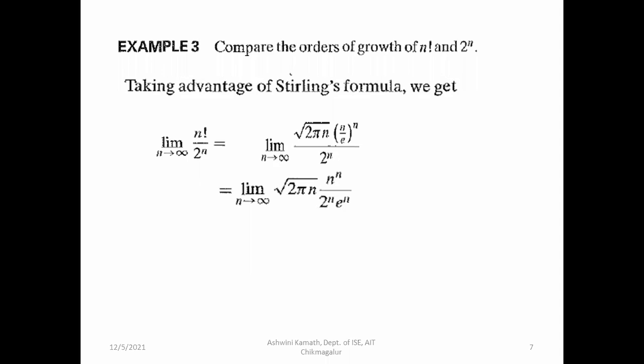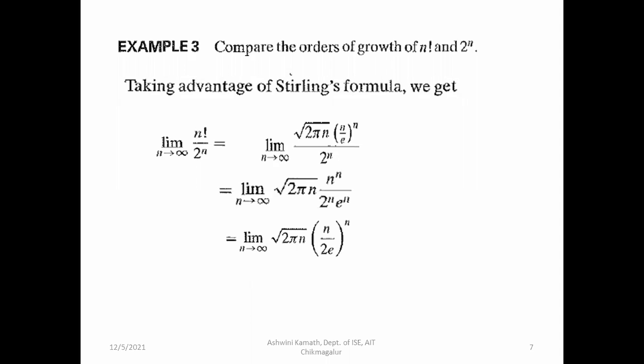So n to the power of n divided by e to the power of n is in the numerator. We get that e to the power of n in the denominator, and in the denominator we already have 2 to the power of n. So 2 to the power of n into e to the power of n. When we simplify this, we get square root of 2 pi n into n to the power of n divided by 2 to the power of n into e to the power of n.